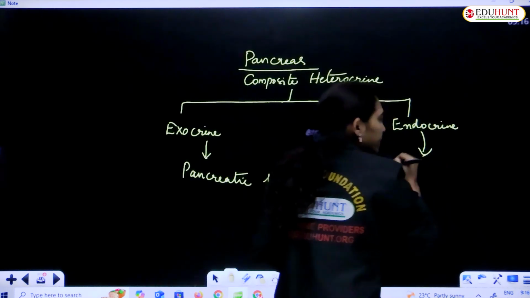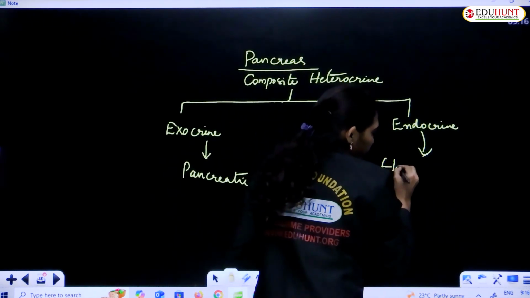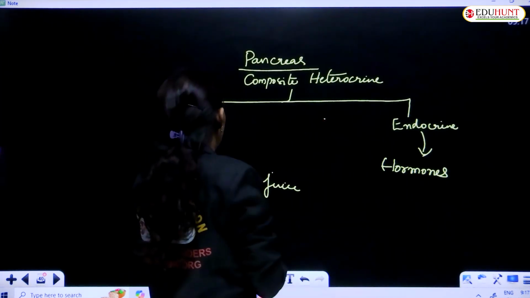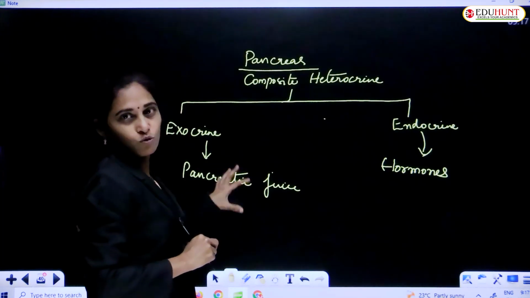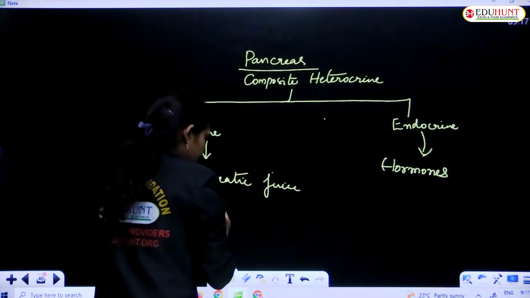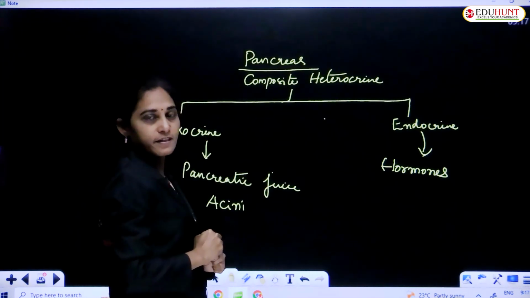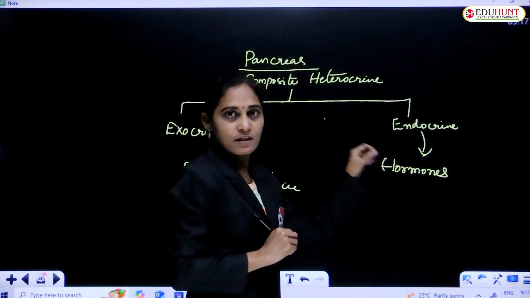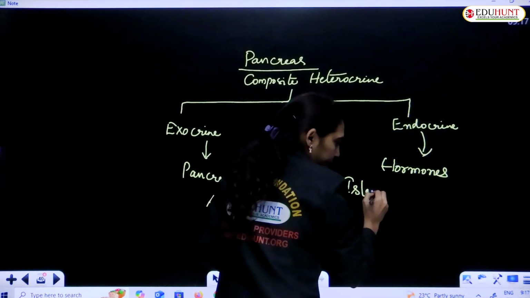The endocrine part releases hormones. The exocrine part that releases the pancreatic juice consists of acini. But the endocrine part of the pancreas consists of islets of Langerhans.